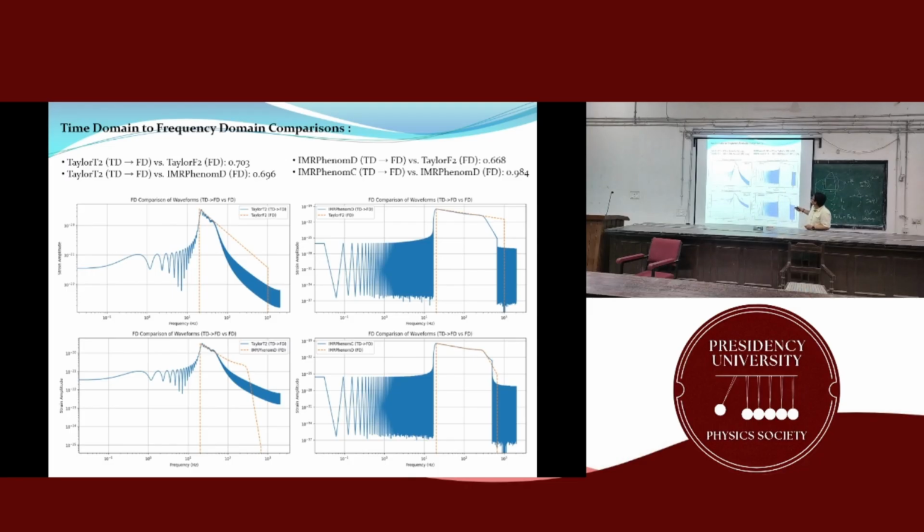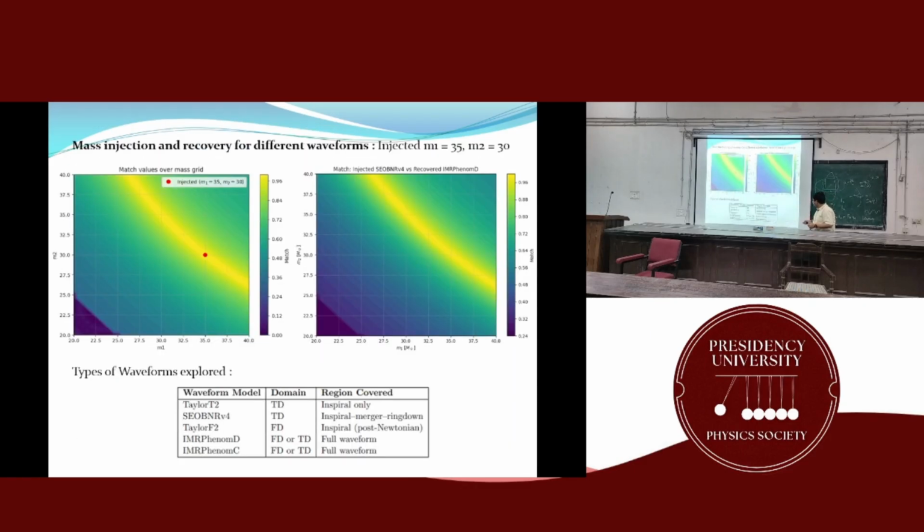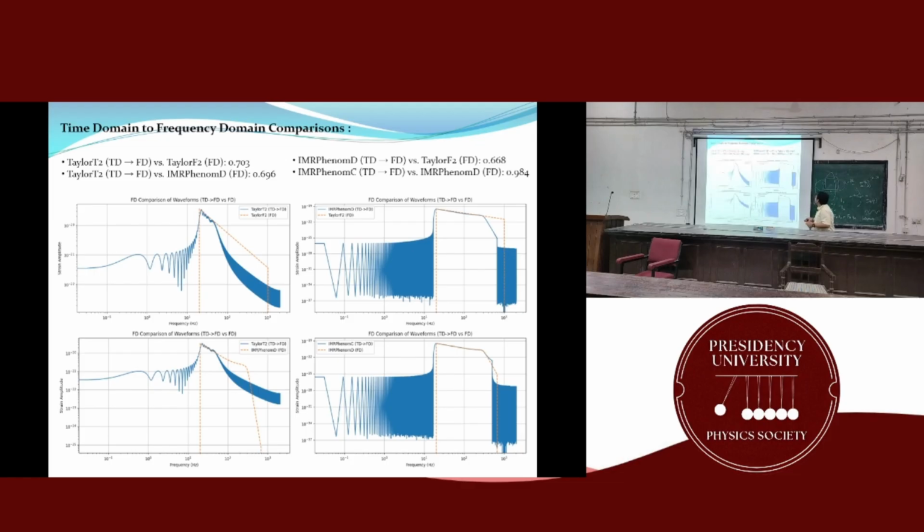So we almost get a perfect recovery for IMR, this is 0.984. So matching the waveform correctly is important, and this is because we get the full waveform information in IMR, not a part of it. That's contributing to the best match here. As you can see, this is the waveform.